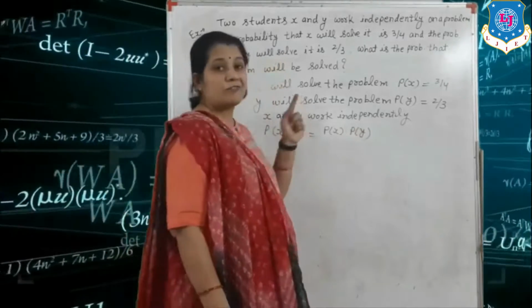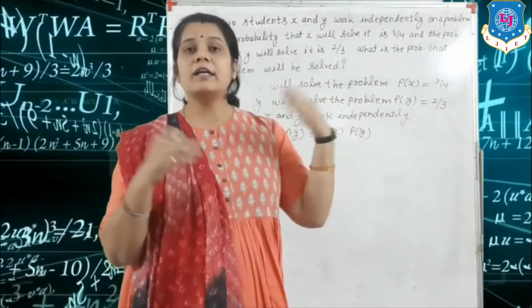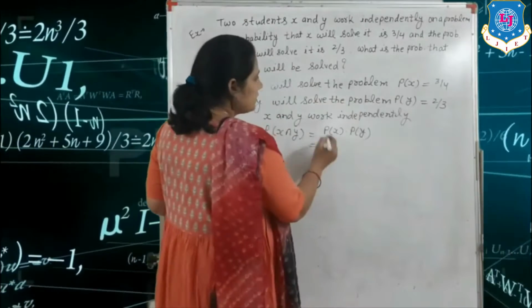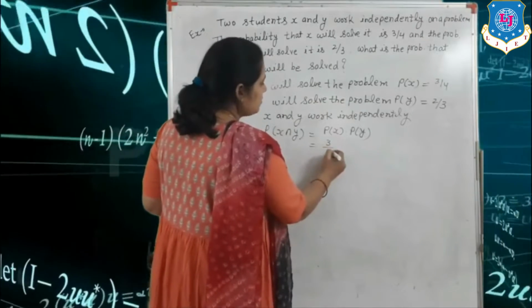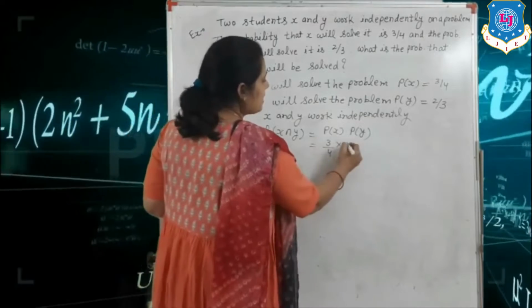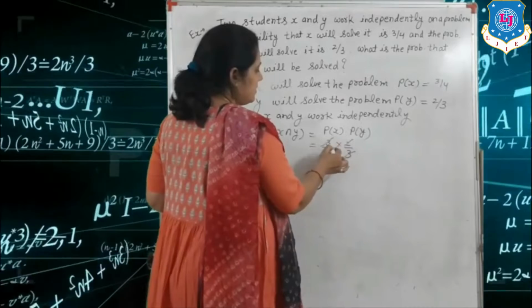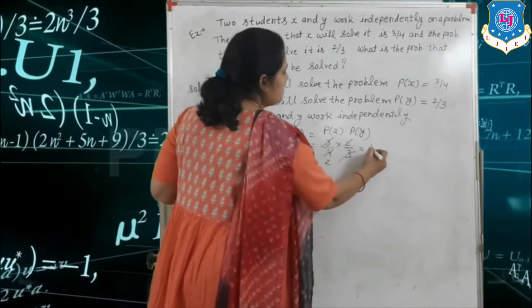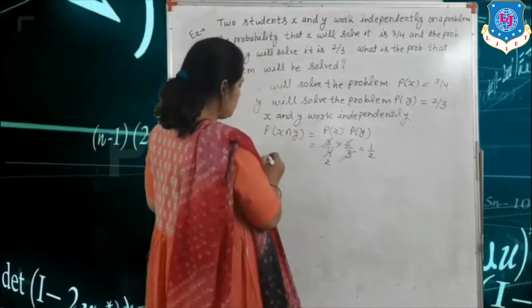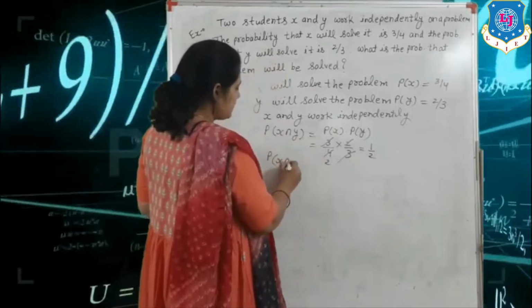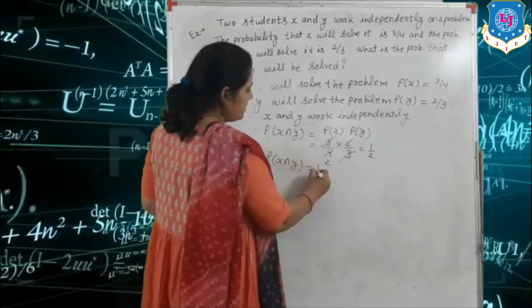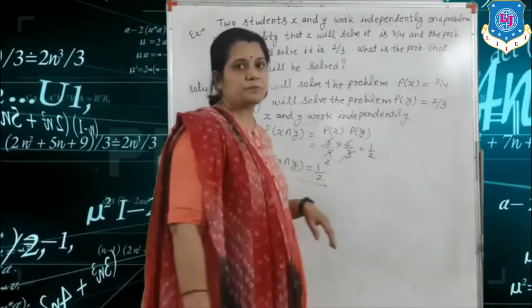Why? Because X and Y work independently. So we put in the values: P(X) is equal to 3 by 4 and P(Y) is equal to 2 by 3. Here 3 cancels, and 2 twos are 4. That means 1 by 2. So the probability of X intersection Y is equal to 1 by 2.